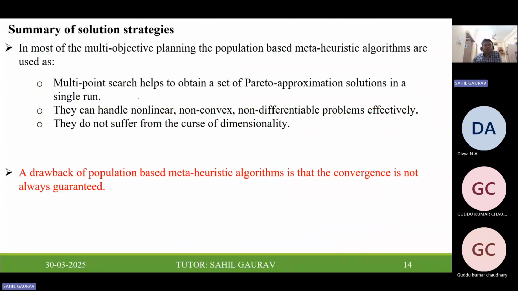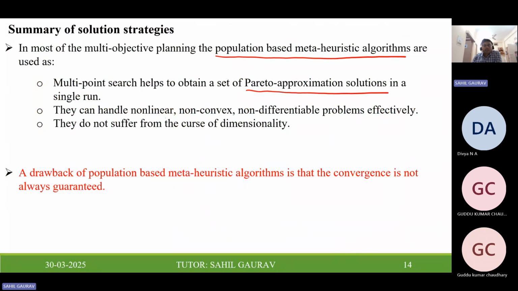In summary, for the solution strategy of multi-objective optimization problems, population-based metaheuristic algorithms are used because their multi-point search helps obtain a set of Pareto approximation solutions in a single run. They can handle nonlinear, non-convex, non-differentiable problems effectively, and they don't suffer from the curse of dimensionality.